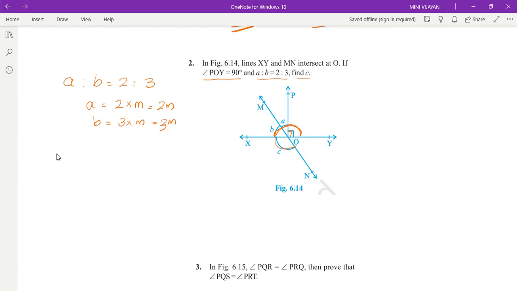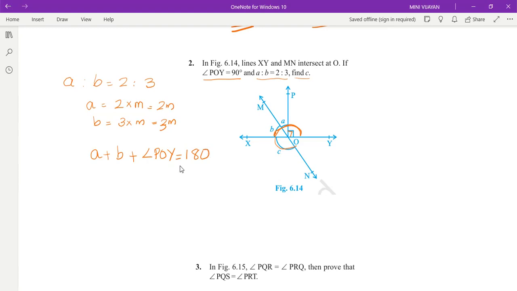So what is the sum of A and B? The sum of A and B will be 90 degrees. How is it 90 degrees? Because A plus B plus angle POY equals 180.